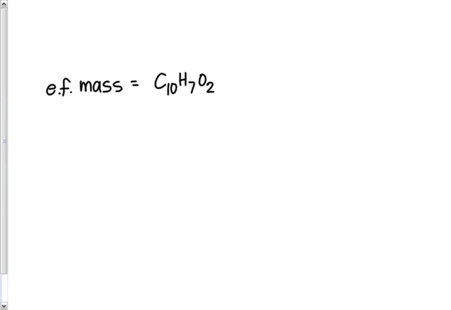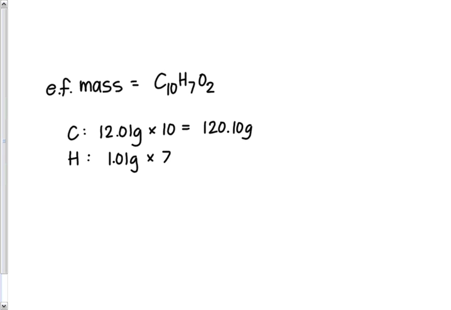You're going to do that by taking carbon's mass of 12.01 multiplied by 10, which should give you 120.10. Hydrogen is a mass of 1.01, and there are 7 in the empirical formula, so that's going to give you 7.07 grams.